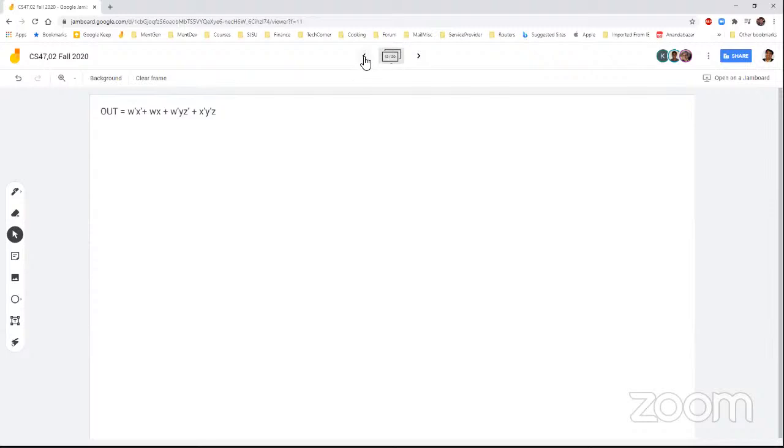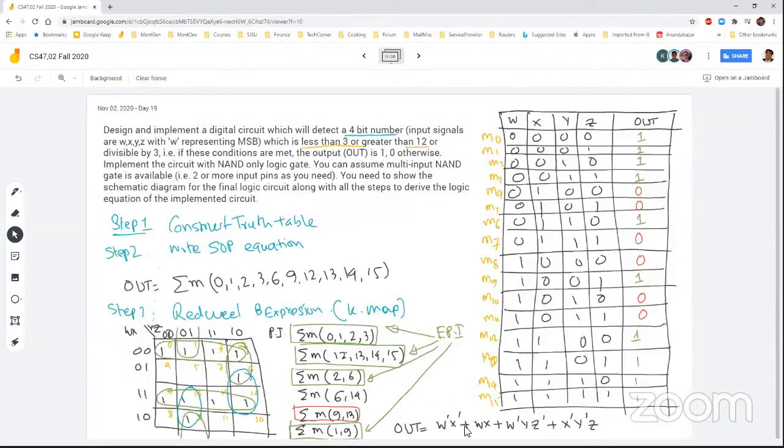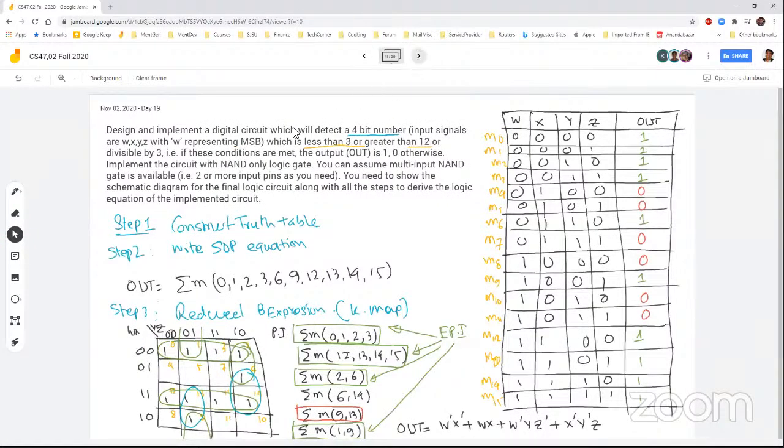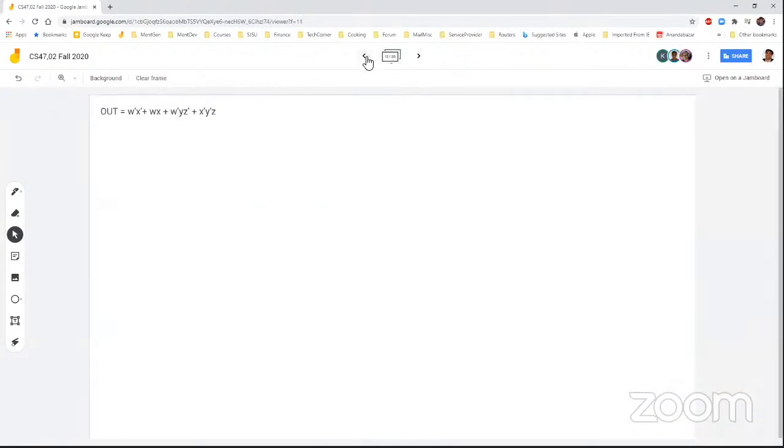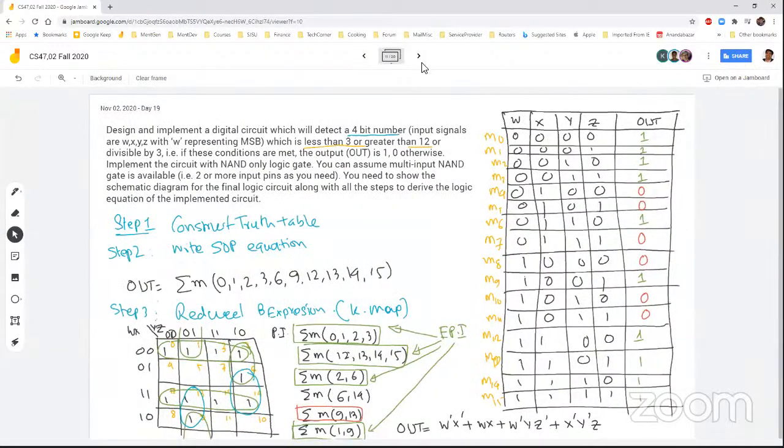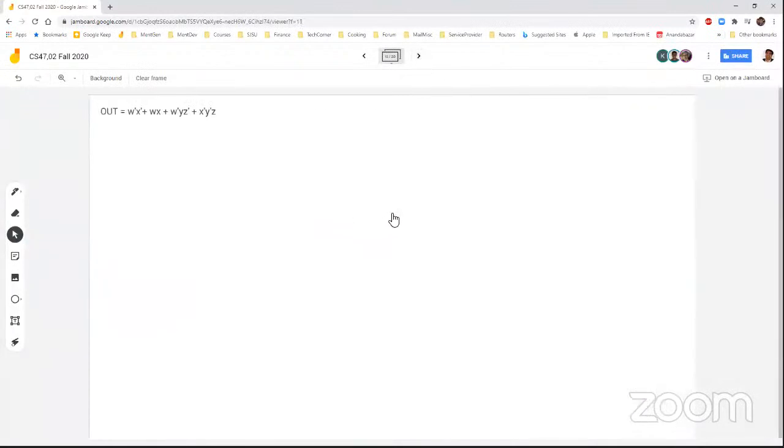W bar X bar, WX, W bar Y Z bar, X bar Y bar Z. Okay, from here, this is easy. Since there are no other constraints, we can write this applying De Morgan.